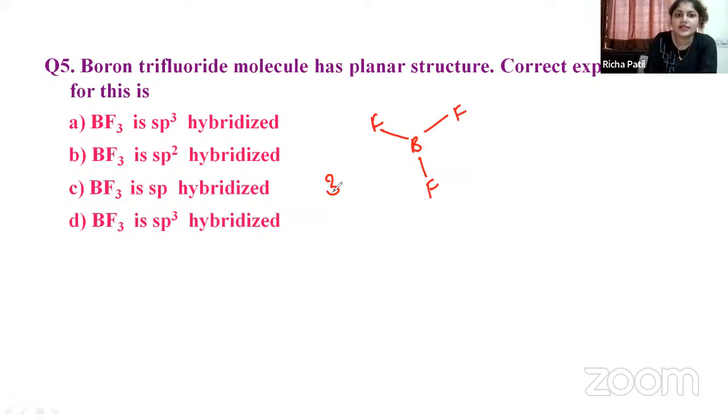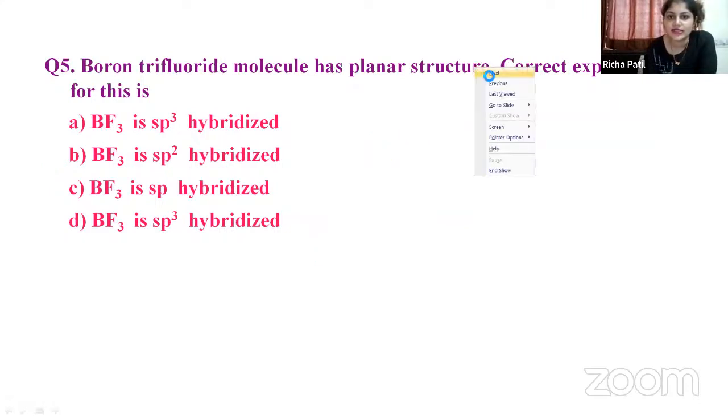One will be s and the other two will be p, so BF3 is sp2 hybridized. Correct. Good. I hope you have understood. We'll go for the next one.